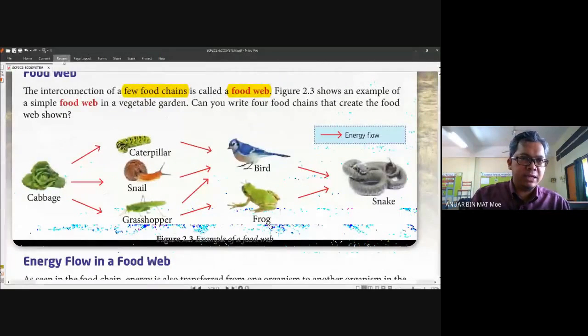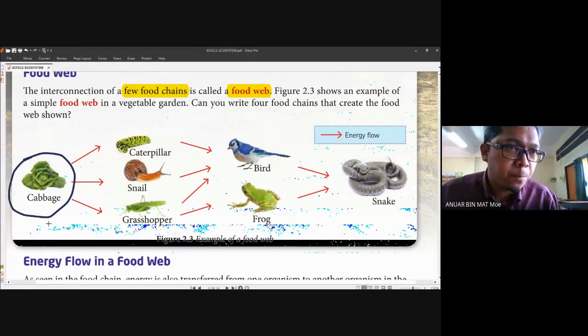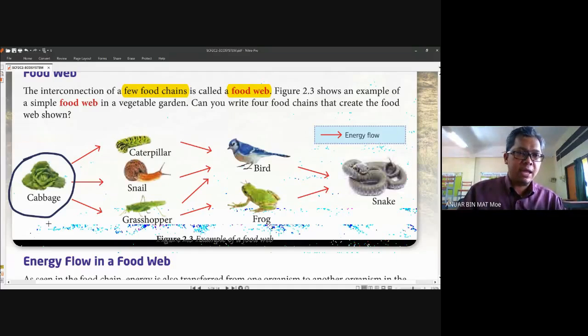For example here, cabbage. Cabbage is the plant, or we call it what? Cabbage is the producer, right? And then the producer will be eaten by caterpillar, snail, and grasshopper.